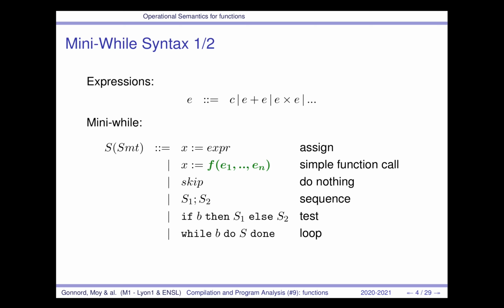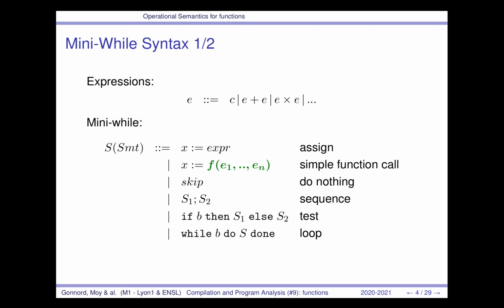Here, a statement is the assignment to one variable of a function call. It's a bit reductive compared to what you have in practice. In practice, you can still express exactly the same programs with a few more intermediate variables, and it's easier for us to define the semantics. So we consider it's a good compromise here.